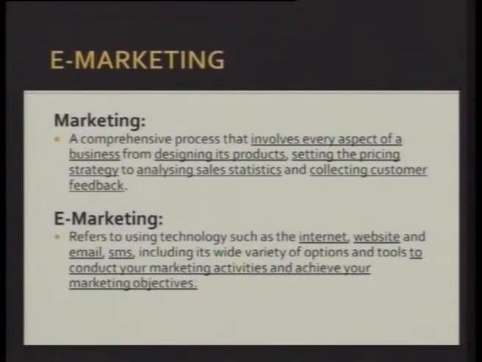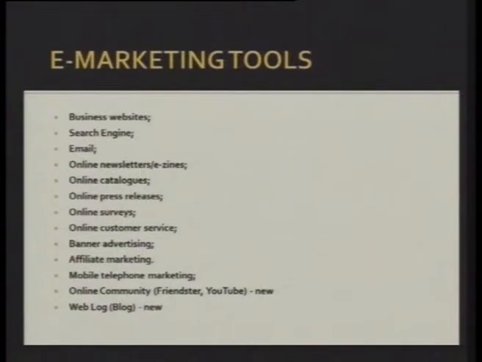Today e-marketing has flourished like anything. These are some of the e-marketing tools: for example your website, search engine, email, online newsletters or e-zines, online catalogs, online press releases, online surveys, online customer service, banner advertising, affiliate marketing, mobile telephone marketing, online communities like Friendster, YouTube, weblogs.